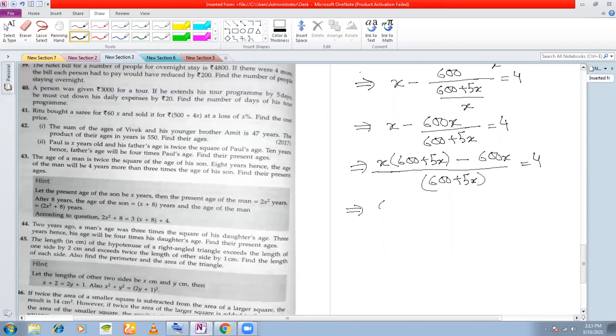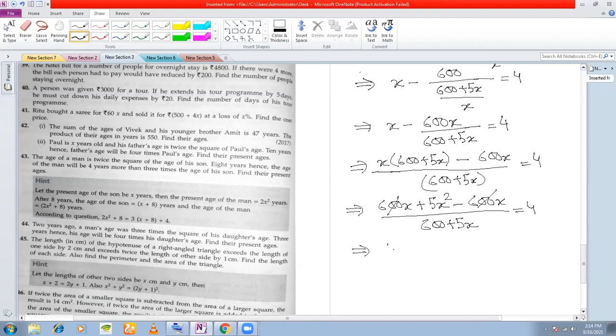You multiply by X in the numerator, you get 600X plus 5X square minus 600X, divided by 600 plus 5X, is equal to 4. So plus 600X and minus 600X are going to cancel. Now you cross multiply.